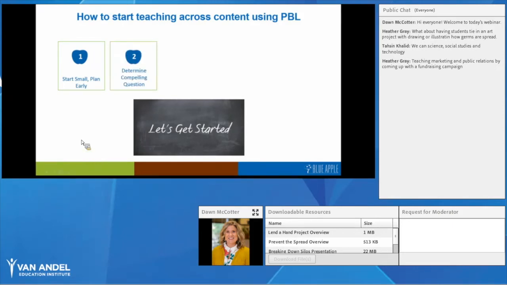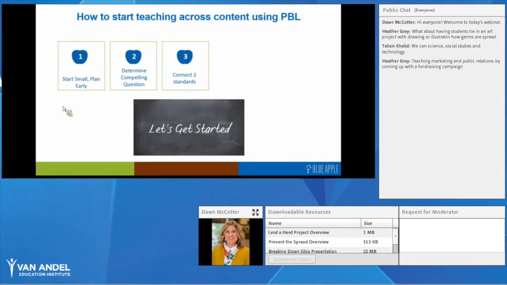So think about what's that compelling question that you want the students to answer. What is it that's going to engage them, going to hook them? Maybe you poll the class or ask them to get their interest and help you come up with that. Or maybe you already have a question that you can build from. Once you've determined that question, look at the content you need to teach. Instead of looking at all four content areas, just stick with two.